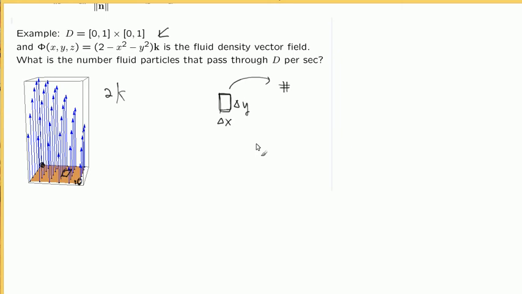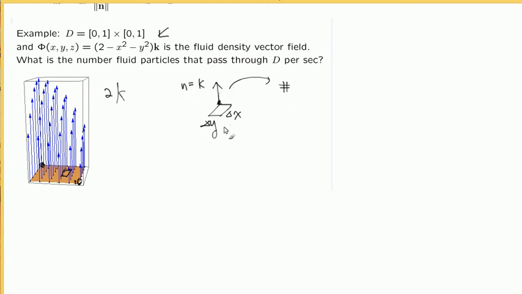Let me turn around the three-dimensional picture. I think that's easier. Here's delta x, and to that parallel side, delta y. What is the obvious normal vector you can choose for that plate? z is not a vector. k is a vector. That's right. That's our normal vector, right?